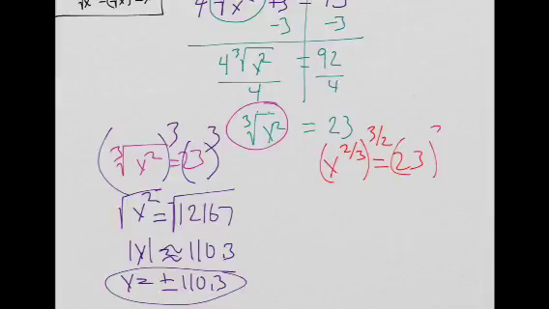Because then again, using the properties of exponents, when I take a power to a power, I multiply the exponents, and 2/3 times 3/2 is 1. And when we raise it to the 3/2 power, we will get x, x is approximately, again, that 110.3.